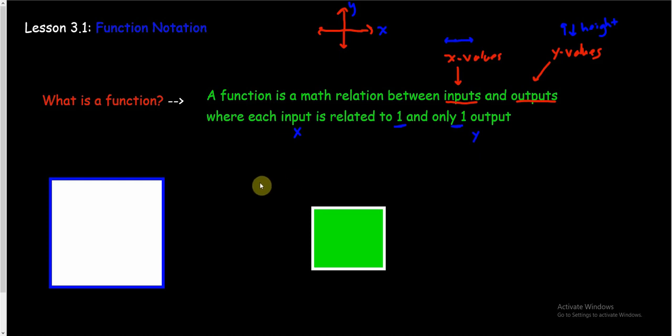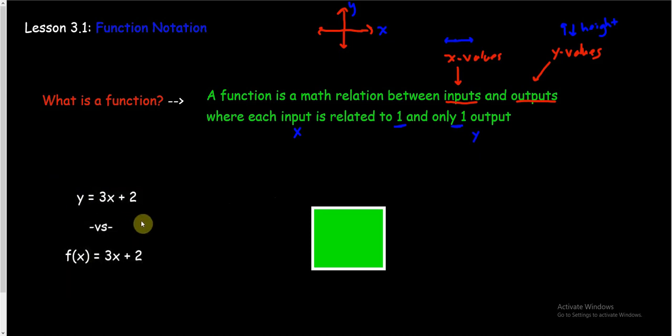Okay, now the fancy way that they write functions is just to replace the y's with some fancy notation. So this is the function notation part right here. If we're looking at this, notice these are exactly the same. They're both 3x plus 2 equals y, which is the output. 3x plus 2 equals this weird notation here, but that is the only difference. The way we read this is we look at the letter out front and whatever's in here, and we say f of x.